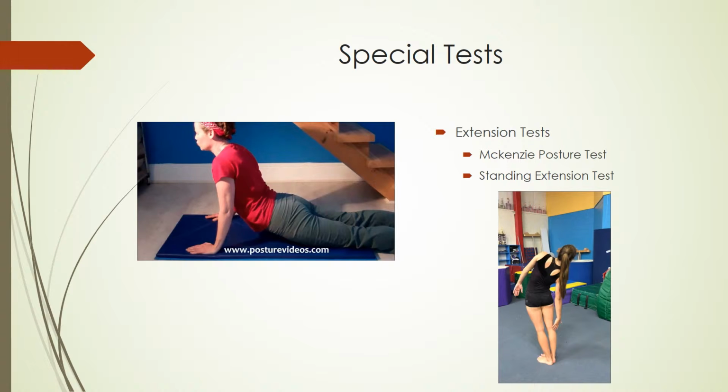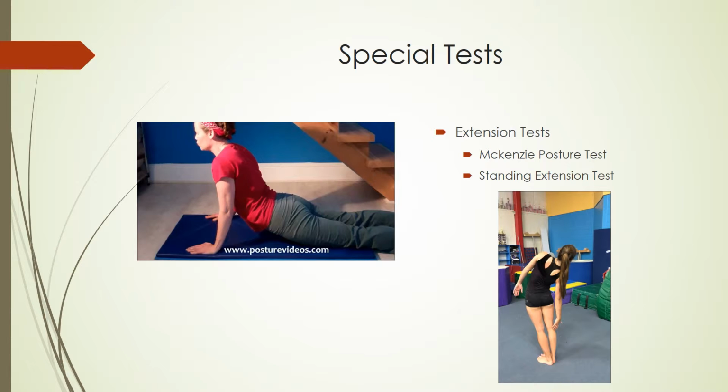These extension tests help to extend the spine to see if you are having pain with extension. The McKenzie posture test is the one here with the woman in what looks like a yoga pose. If you have pain with that, there might be something going on in your low back as well.